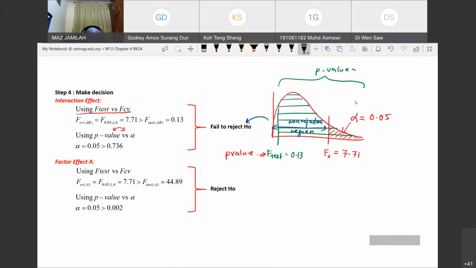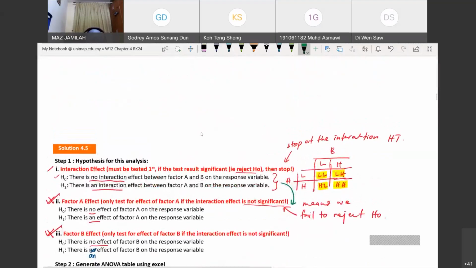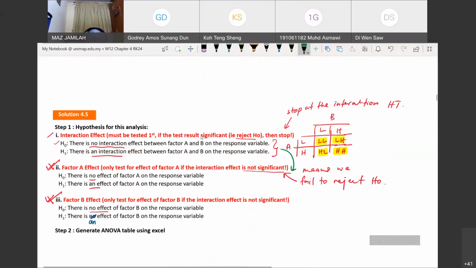Very big. If you can see, the p-value is equal to 0.736, almost 1. So in this case, we fail to reject the null hypothesis. Remember, class, I said just now that when we test for the interaction and fail to reject, then we proceed to the next.